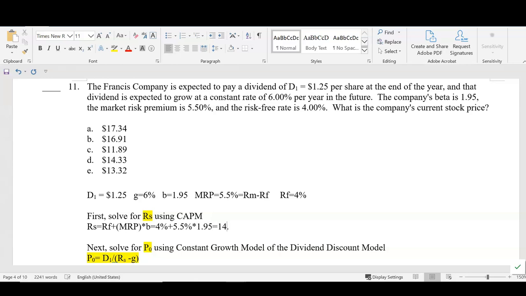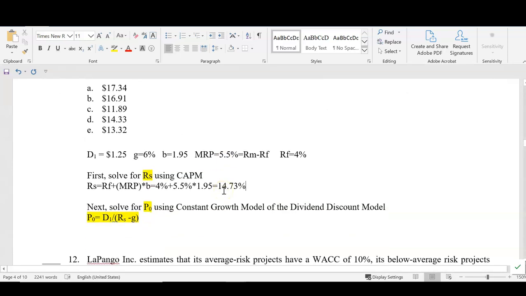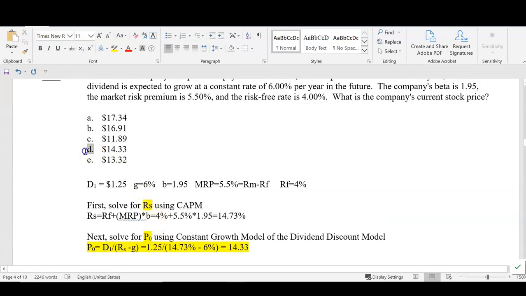So we have 14.73% as our required rate of return. For the next step, we can just use D1 1.25 divided by RS 14.73% minus G, which is 6%. This way we have 14.33 as our final answer. So the right option is D.